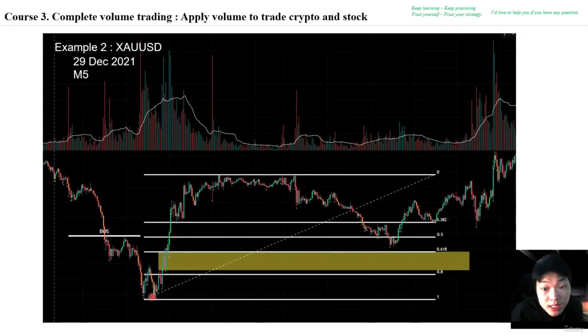Therefore, the market goes up very strongly without structure. So this time we can draw the Fibonacci from the lowest to the highest, and we have our POI zone very exactly. You can see that the price already came into this POI zone and reversed, continuing to go up.